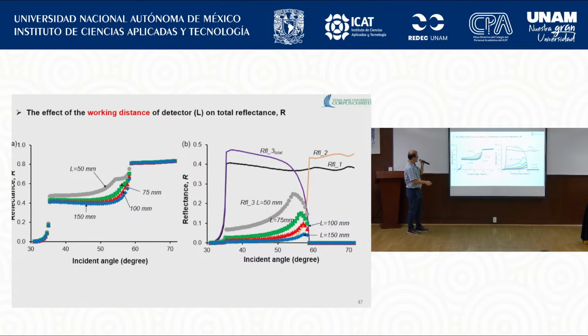Also, we explored the working distance effect for the reflectance measured on the detector. We tested different working distances, for example 50, 75, 100, and 150. Okay. And this one is total reflectance, and this one is individual reflectance, 1, 2, 3.